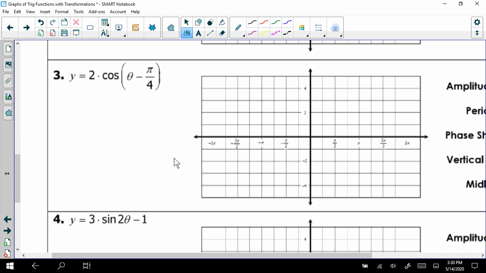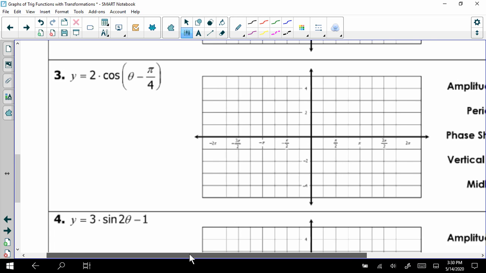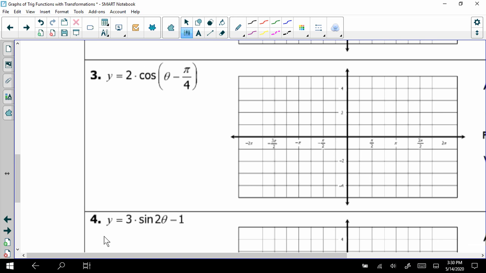Okay? And I want to do cosine, so that we're starting with that cosine. So again, on this one, the A is 2, so that's different from the parent function for cosine. The B is 1, that's the same, so there's no horizontal stretch, compression, or reflection. The C is pi over 4.